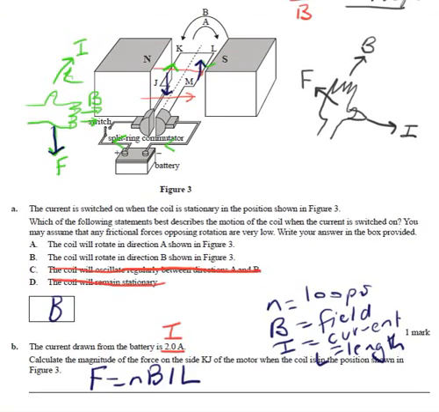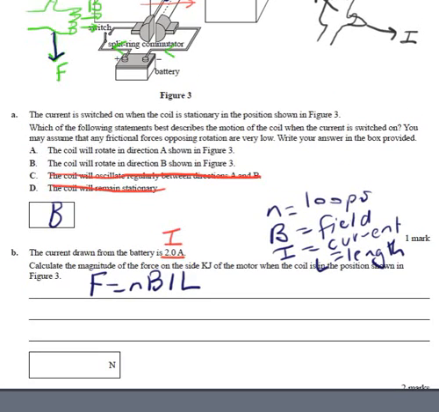So let's go down. It equals 50 times 0.05 times 2 amps times the length of 0.06.